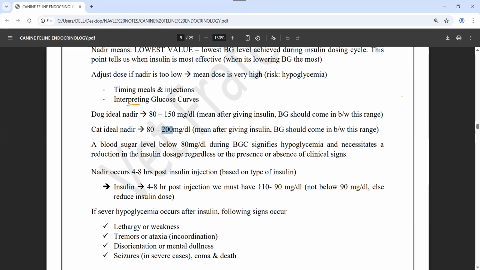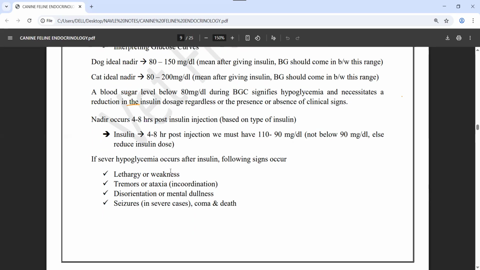So you must have the curve in the range of 110 to 90. If below 90, then reduce the insulin dose. So the nadir, or the lowest achievable point, mostly happens 4 to 8 hours post insulin injection.